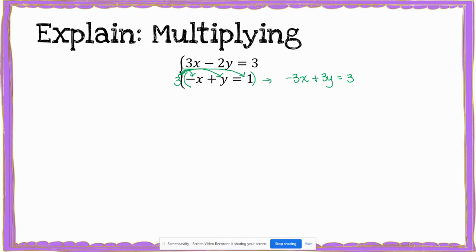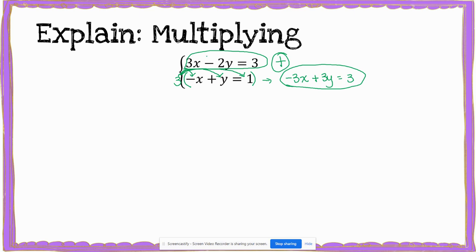Now what we can do is use this equation and this equation. Because this equation is equal to this, it has just been multiplied. Well, what I see is that I have a positive 3 as a coefficient on x and a negative 3 as a coefficient on x, so I'm going to add both of these equations. Well, 3x plus negative 3x is 0, so those will cancel each other out.